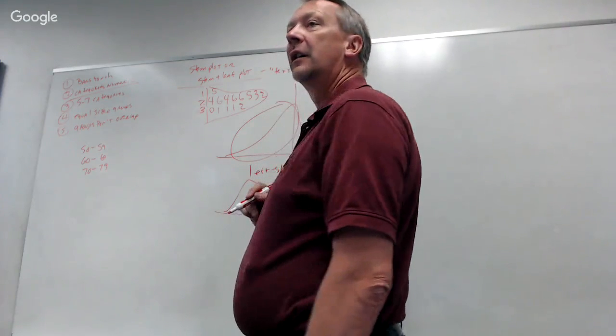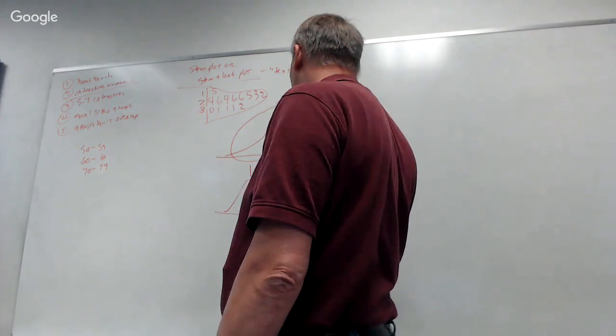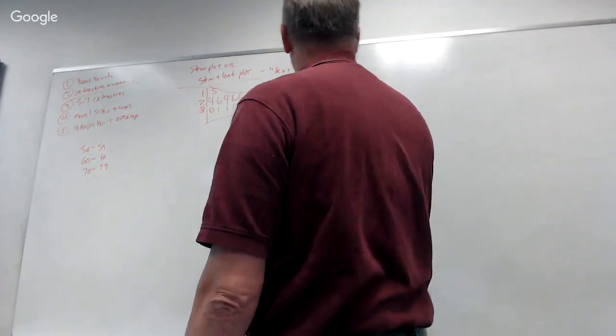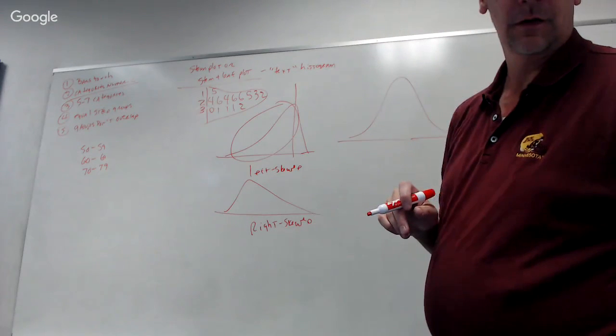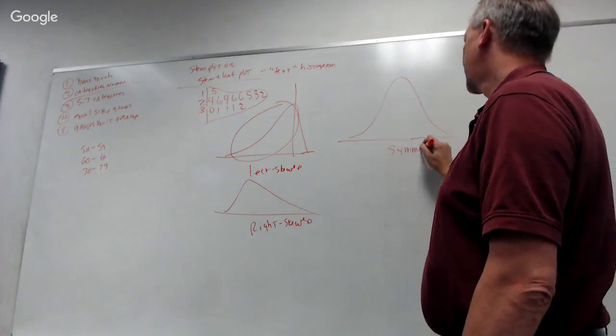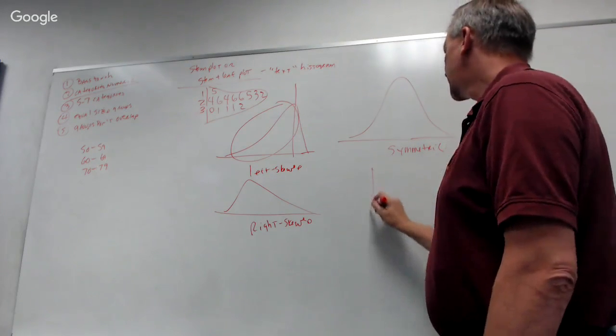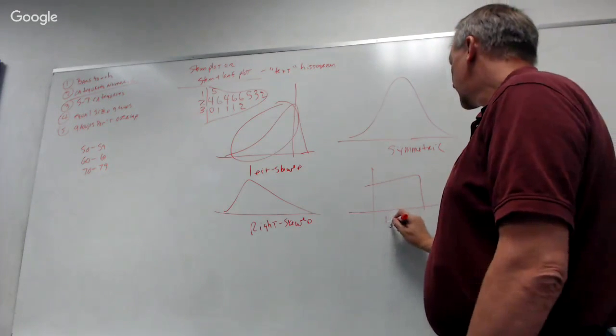This would be right skewed. This would be symmetric. This would be uniform.